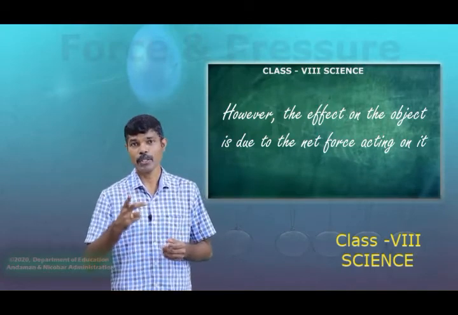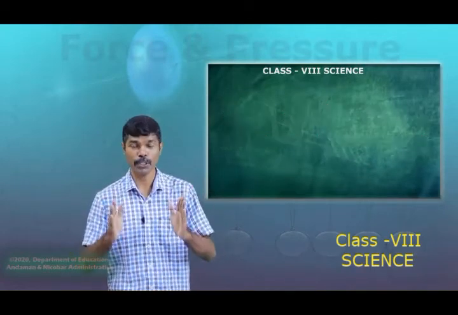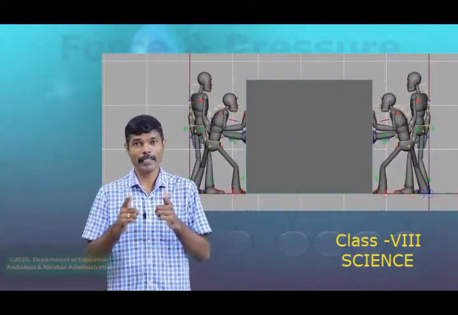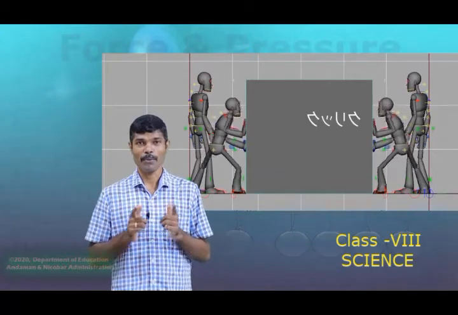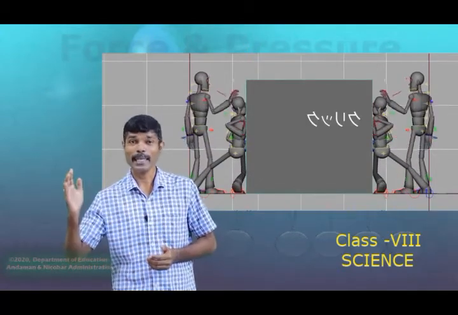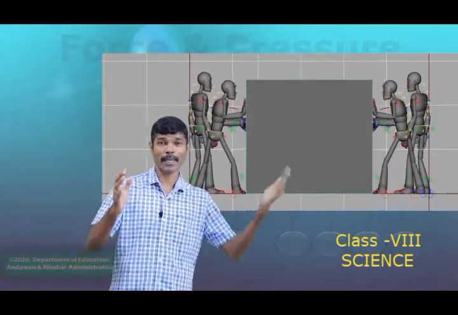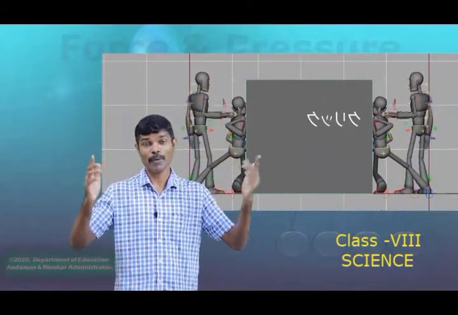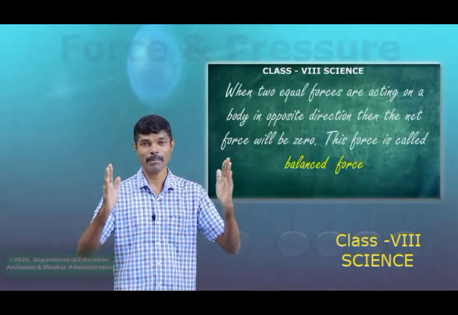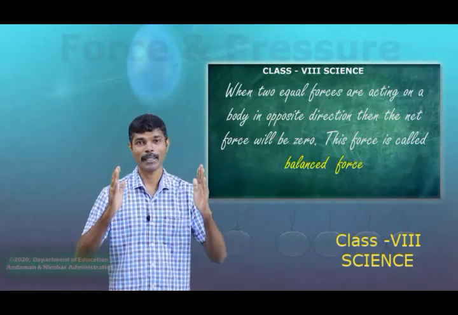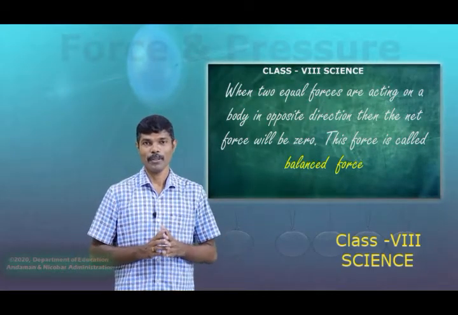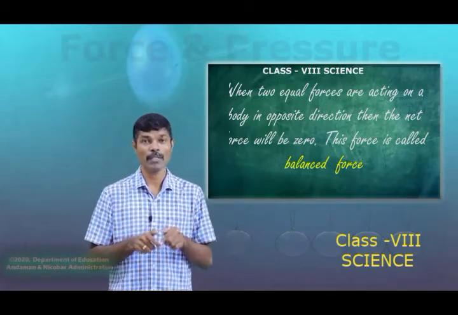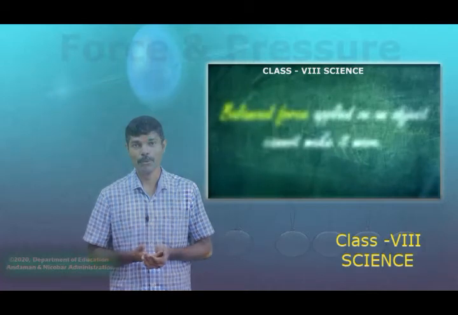In the second case, you have seen that two persons are pushing the box opposite to one another. In that case, the box did not move. Why? From one side the person is applying force, and from the other end another person is applying force. When an equal amount of force is applied on that object, the object does not move. So the resultant force is the difference between the forces. The difference is 0.